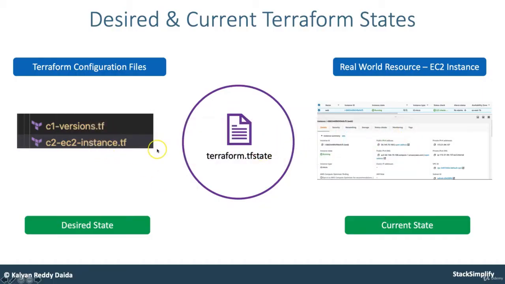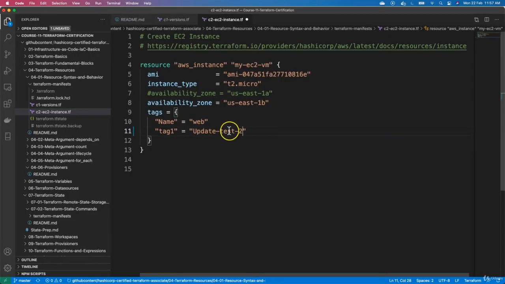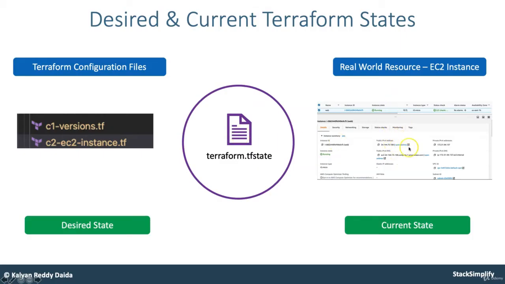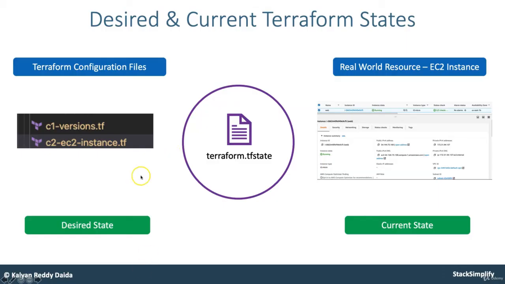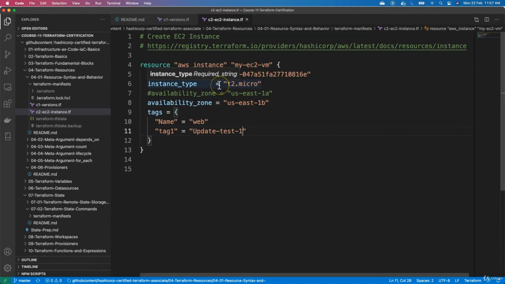I changed the file tag to update test 2, so in the real world environment I am expecting that tag to be changed to update 2. Which means my desired configuration is this one, and I am expecting it to be in the real world. That's the reason you can always call this the desired state, which is the required state for me.